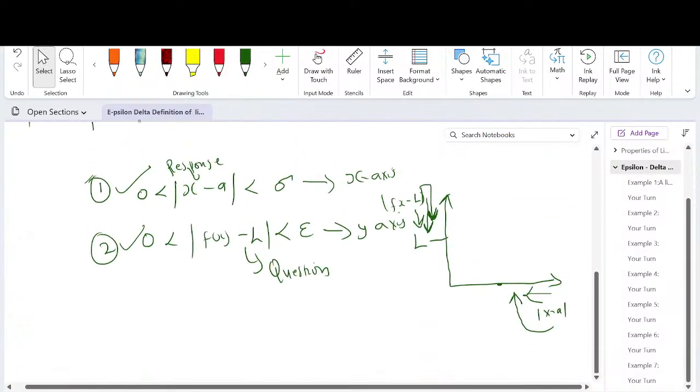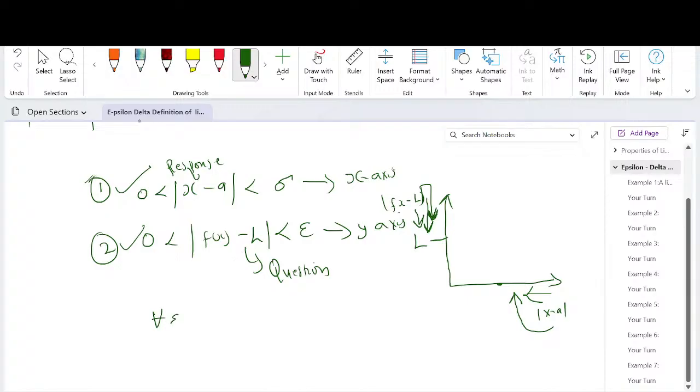So here you can say that for the limit to exist, for every epsilon greater than zero, there exists a delta that is also greater than zero, such that if the closeness to the given point holds, that is, if 0 is less than the absolute value of x minus a and is within the delta value.